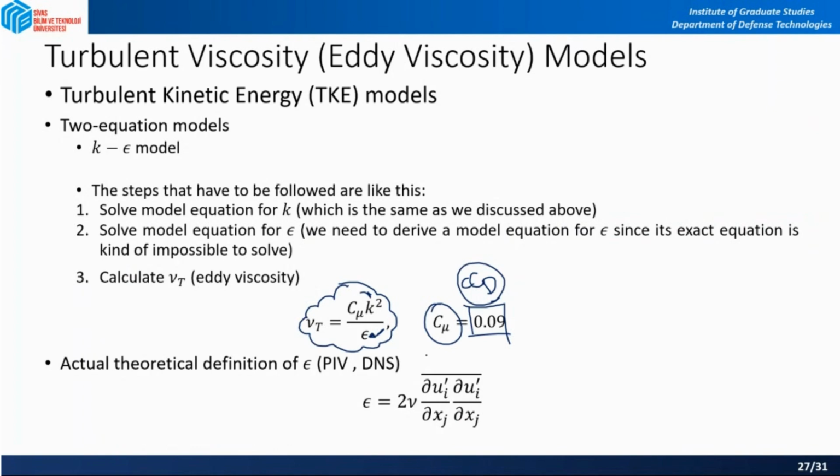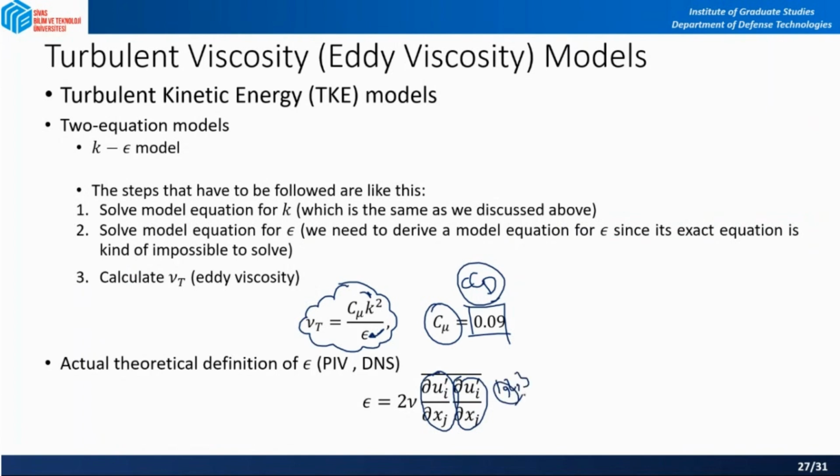This du_i prime dx_j is the gradient of the instantaneous velocity fluctuation, multiplied again by the instantaneous velocity fluctuation gradient. But i and j can go through 1, 2, and 3, right?